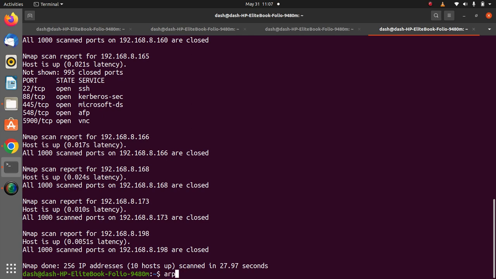AppSpoof is one of the several tools you can use for man-in-the-middle attack. To the gateway, 192.168.8.1, I'll be telling this gateway that I am 165.